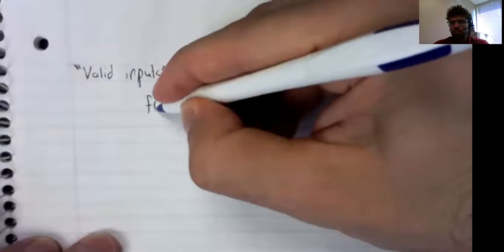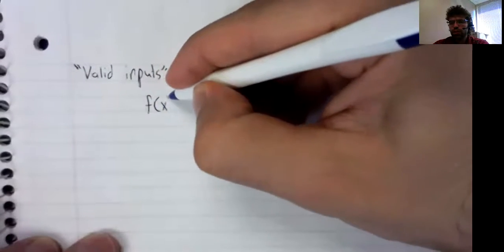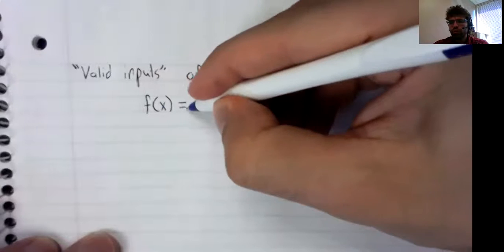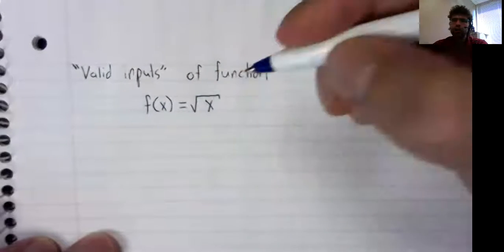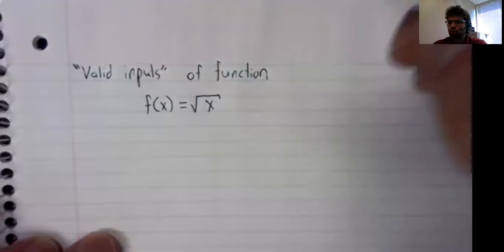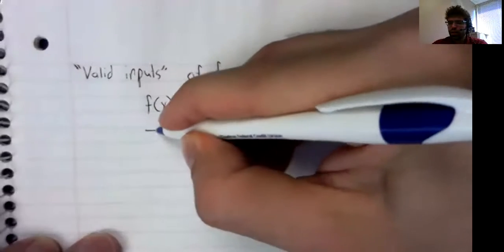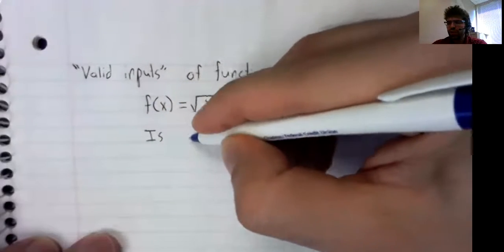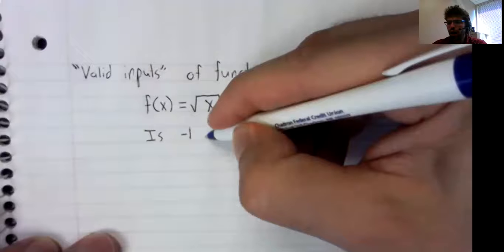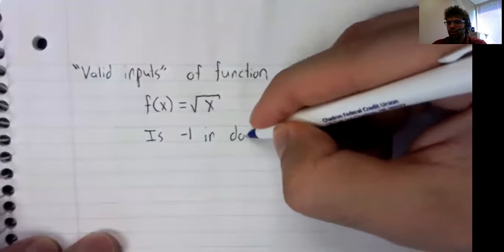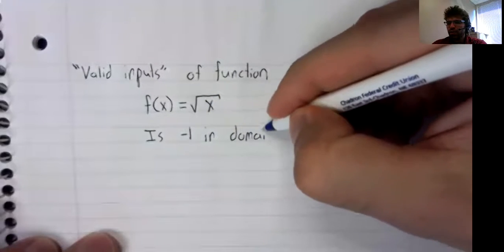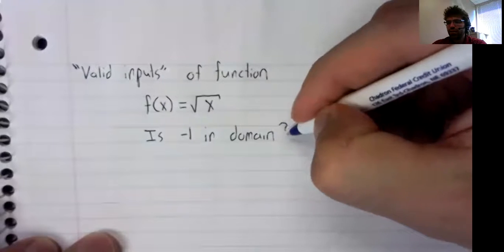For example, suppose you have the square root function, and you ask, is -1 in the domain?